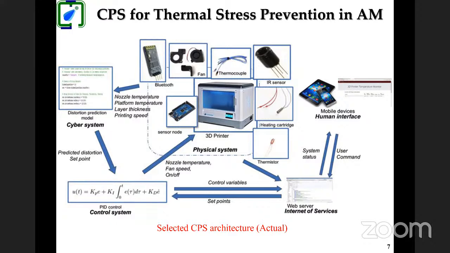And when the layers are best possible, then the distortion is not there, and you will have a near perfect geometry coming out of this 3D printed part. Am I clear?